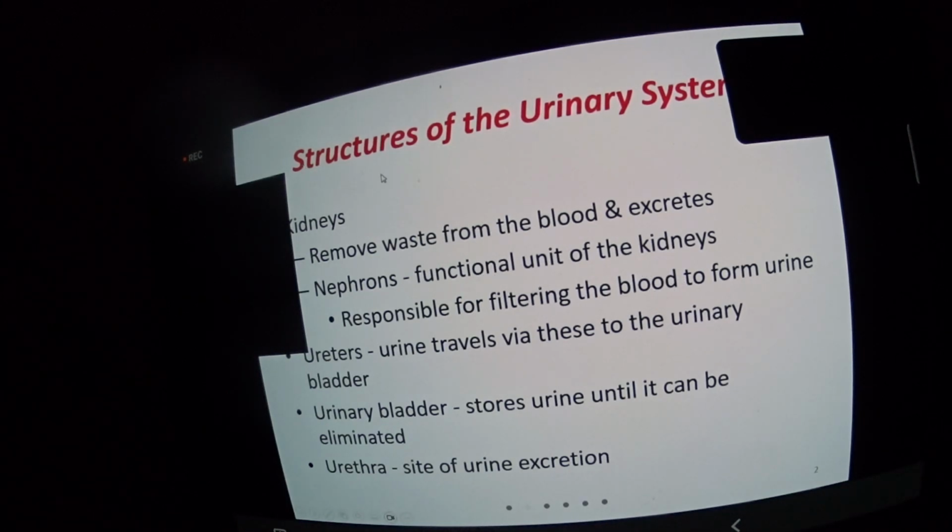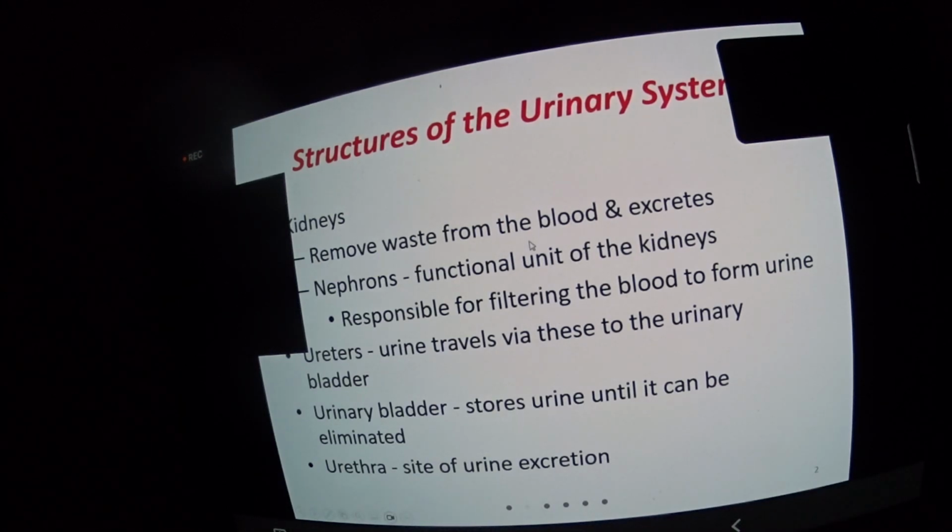So first, let's start with the urinary system. For both males and females, the main component or tissue is the kidneys. The kidneys' job is to remove waste products and basically clear the blood from waste, any other toxins, anything that is not supposed to be there.